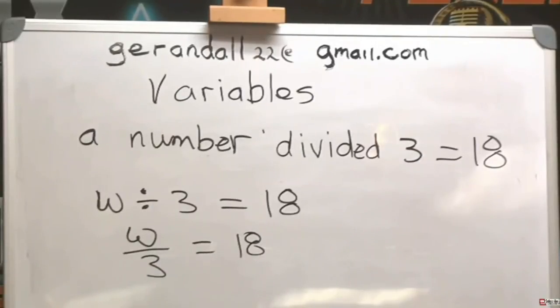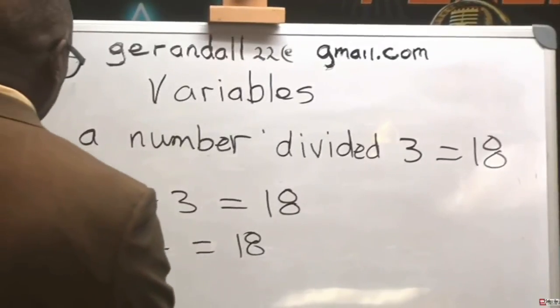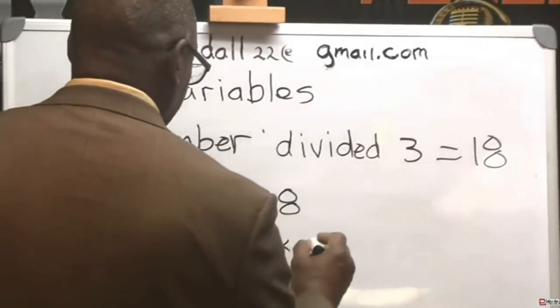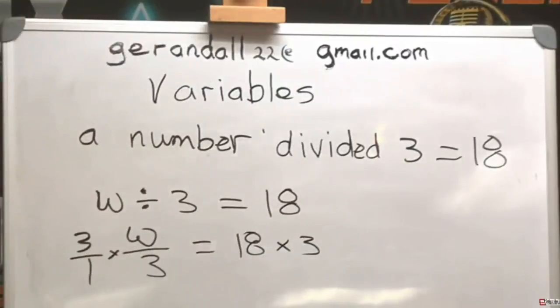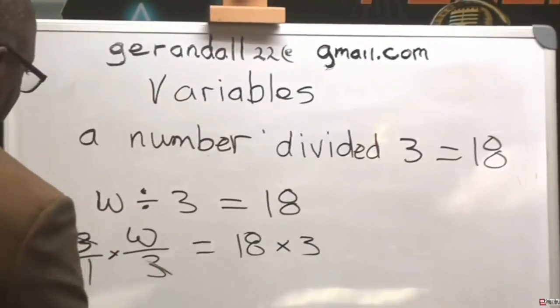How do we undo division? With its cousin, multiply. What are we multiplying by? What did we divide by? 3. So we're going to multiply 3 over 1. And over here we're going to multiply by 3. Remember our cross multiplication.